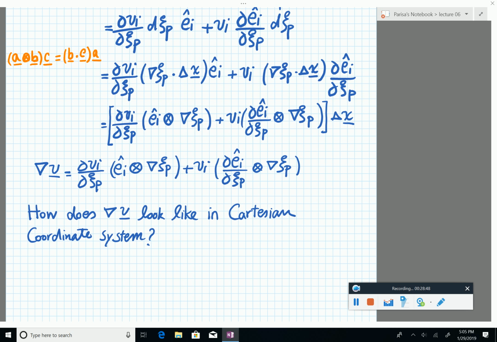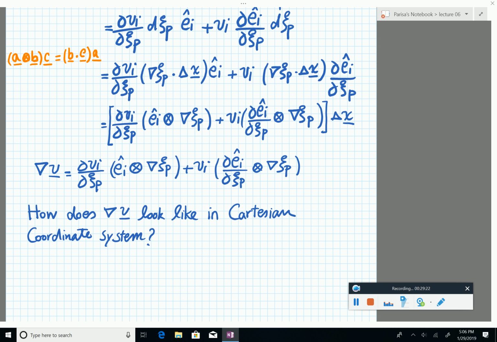So, some hints. What do we know about Cartesian coordinate systems, the basis vectors? Last time I introduced them. What did we learn about them? One thing we learned was they are constant. I see some happy faces.